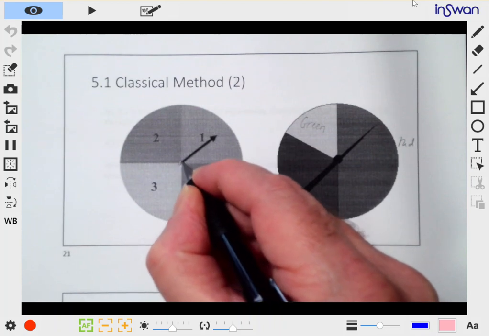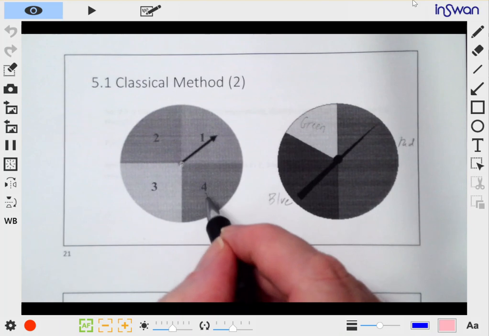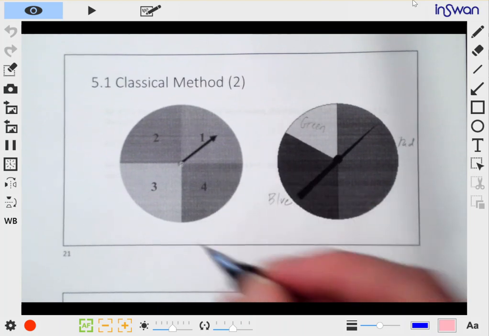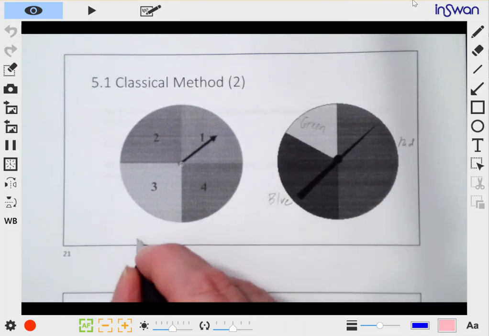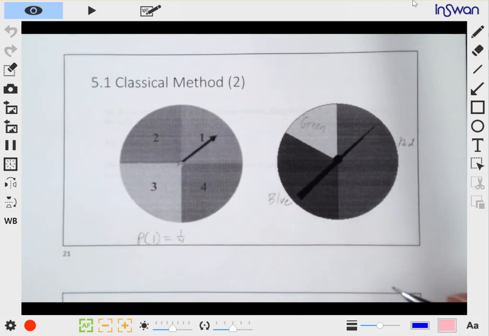Basically this is where it spins around, and you can see each of these sectors are the same percentage of the circle. Each one is 1/4 of the circle. So the probability of getting a 1, for example, is 1 in 4.